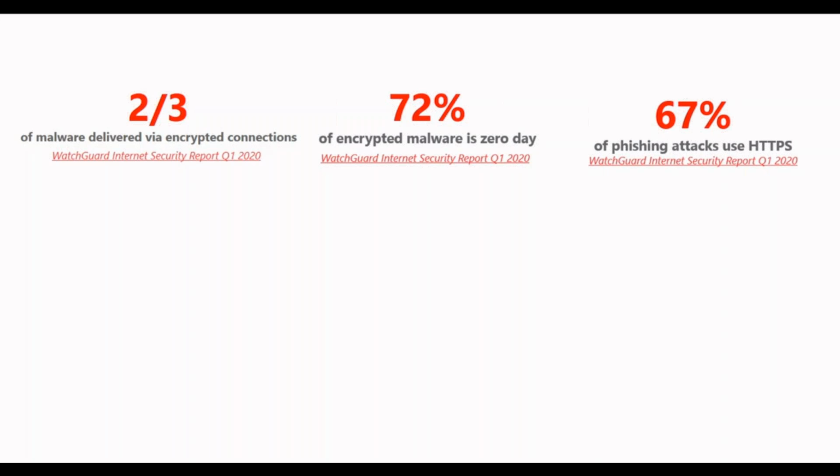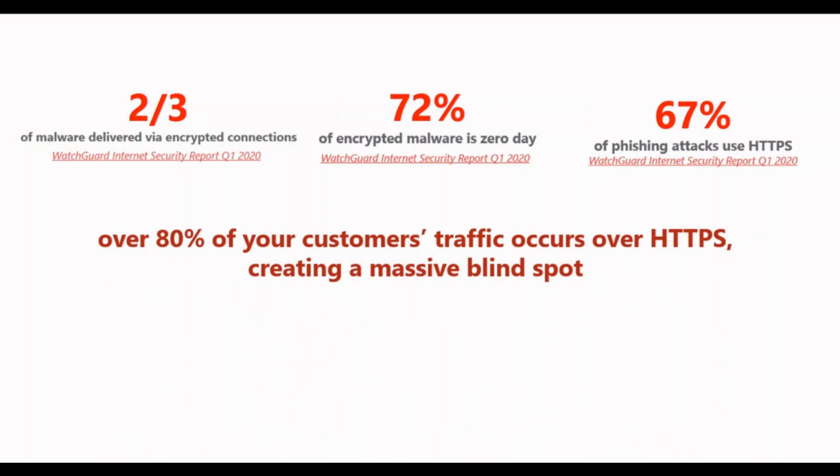67% of the phishing attacks use HTTPS, and as we know, phishing attacks could start the infection of the 0-day attacks, including ransomware, of course. Over 80% of the customer's traffic occurs over HTTPS.